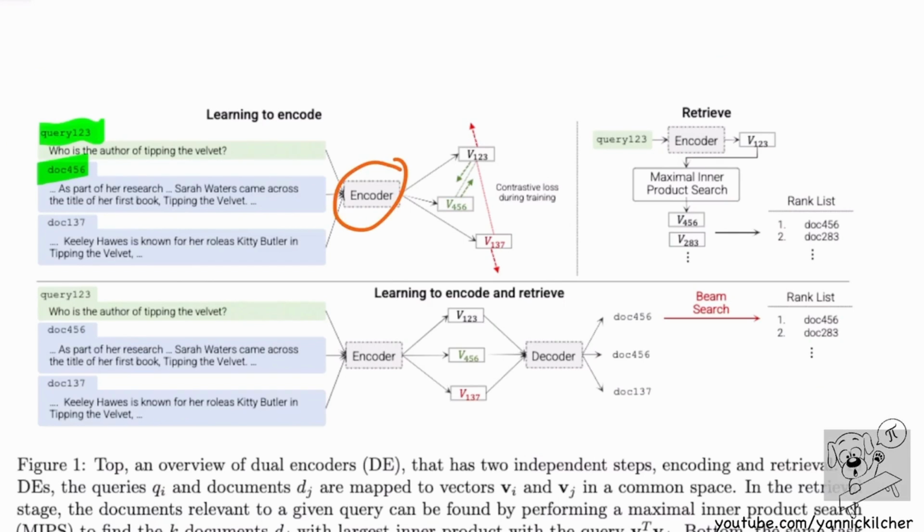And we are going to try to use some form of contrastive loss. If we have query document pairs, we can try to get the query and the document that go with each other to be close together, while making the documents that are unrelated to each other be far apart. So this is some sort of contrastive loss.